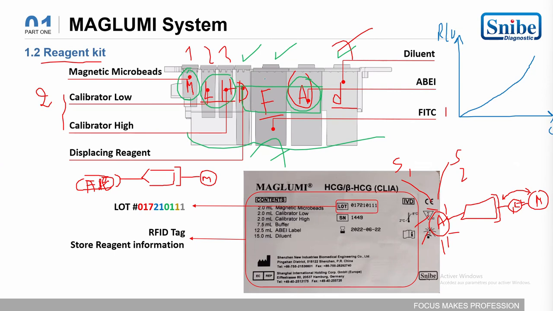We can also see some information on the sheet on the side of the kit, the name of the parameter and the components. For example, this one is the HCG. It contains microbeads, calibrator low, calibrator high, buffer, ABI label, and diluent. It doesn't contain the displacing reagent. We can see the lot number, the serial number, the expiration date.